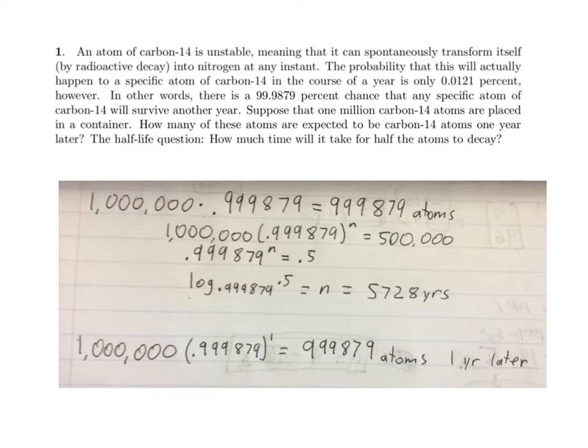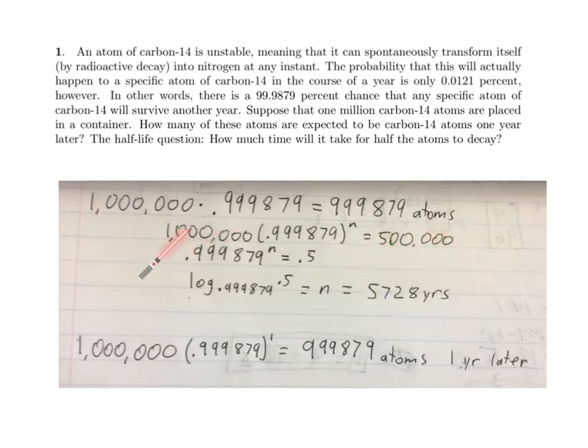Now for how much time will it take for half the atoms to decay? I'd already written that up there, so don't worry about that. You do your exponential equation, where this is the starting and this is the decay rate, and this is your years, and you want to end up with half of the atoms, so 500,000.